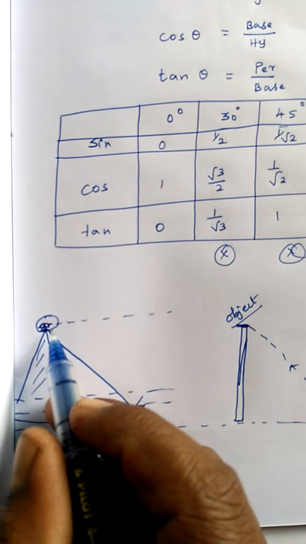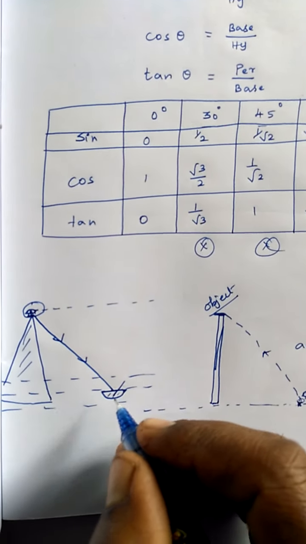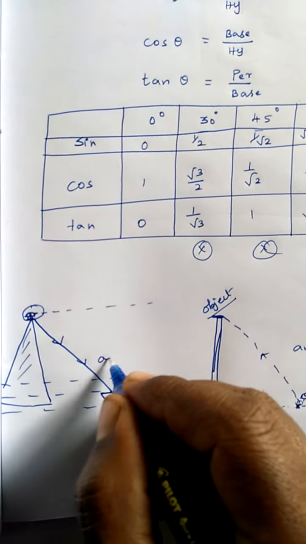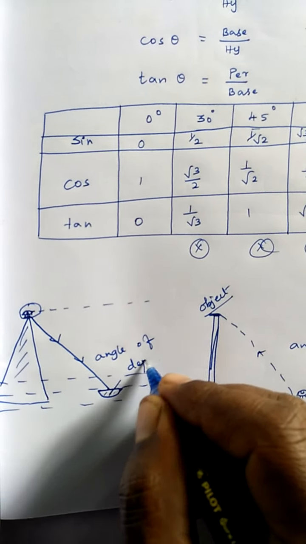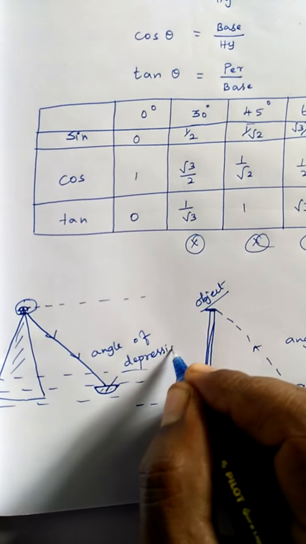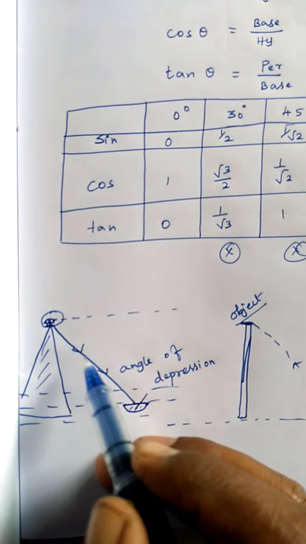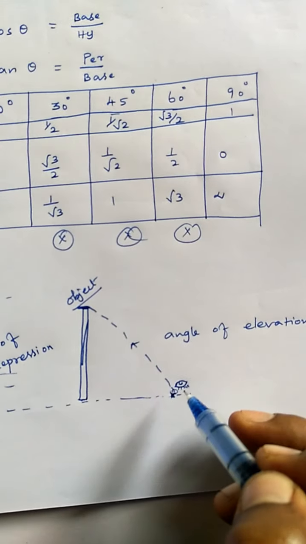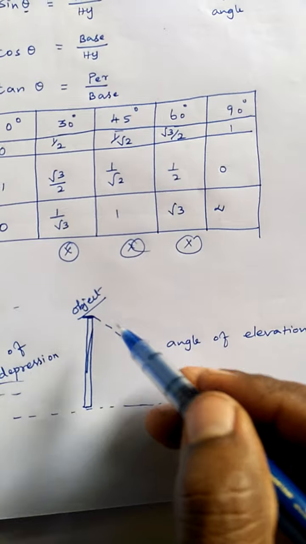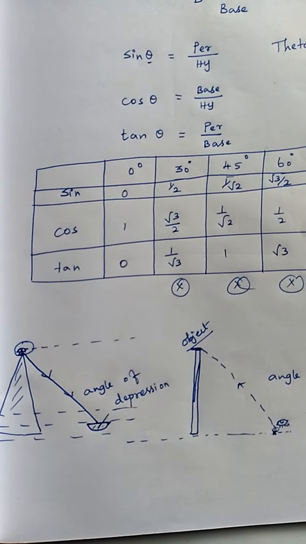When you observe from top to down, this is called the angle of depression. Angle of depression means from the top you are looking down. Angle of elevation means from the bottom you are looking up. I think you understand these two concepts.